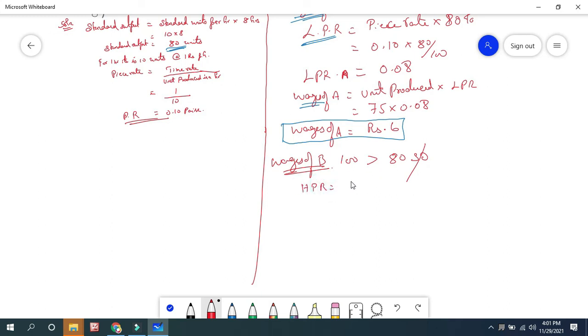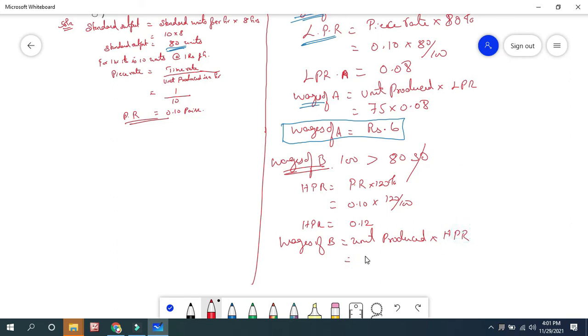HPR is equal to piece rate into 120 percent, which means 0.10 into 120 by 100. So HPR is equal to 0.12. Now wages of B is equal to units produced into the high piece rate.